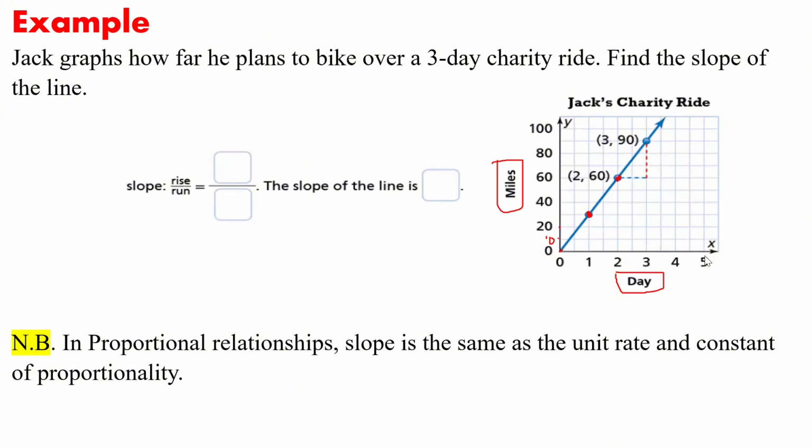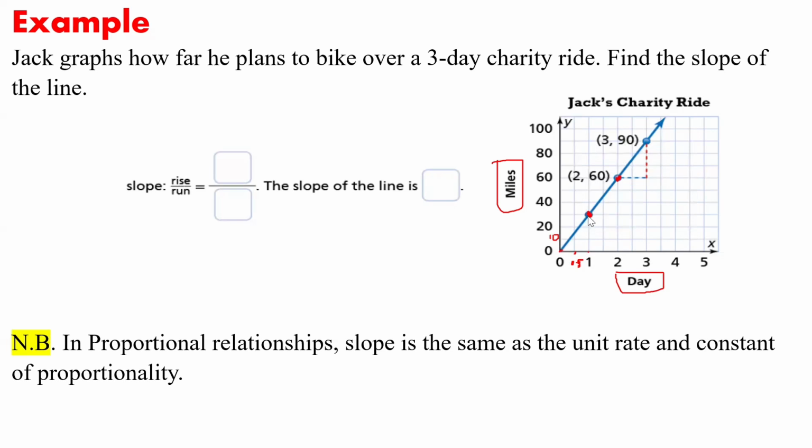Now, looking at our x, from the origin to here is 1. That means halfway between 0 and 1 is 0.5. That means one side of the square here represents 0.5.